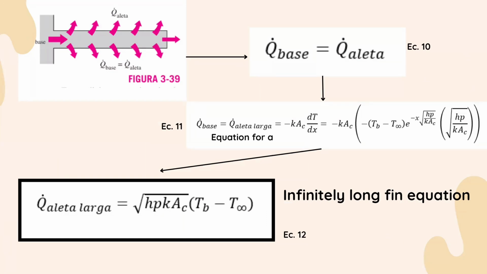Equation number 11 presents the form of heat conduction from Fourier's law. If we solve this equation, replacing the derivative of the temperature in the expression for the heat of conduction at the base, we obtain equation number 12. This is finally the infinitely long fin equation.